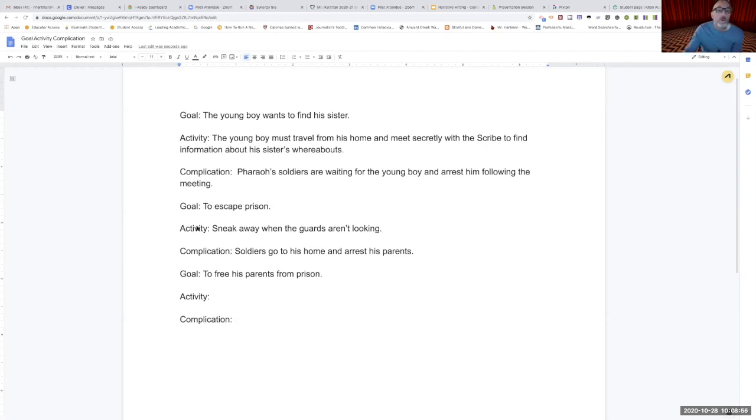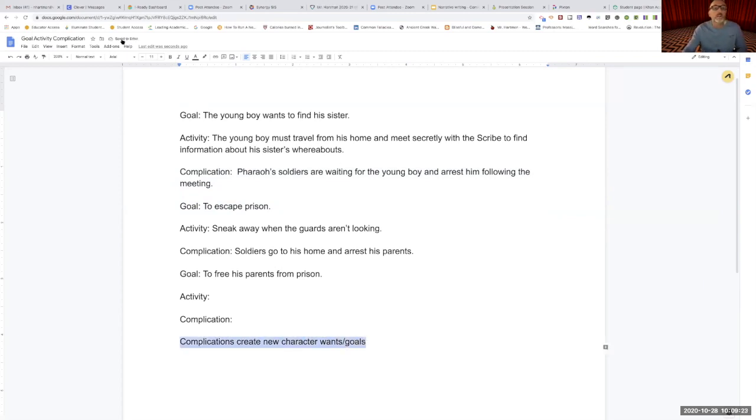But the cool part, and this is key to this whole presentation, everything that we're doing today, is the link between complication and goal. Complications create new character wants or goals. This right here, this is huge.